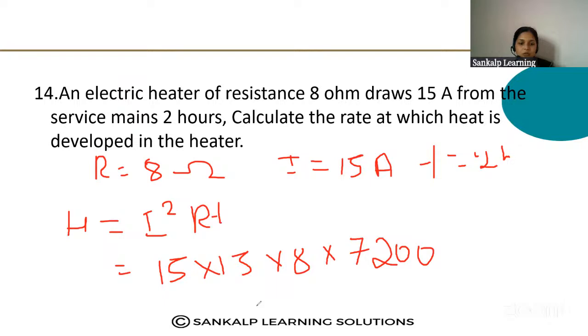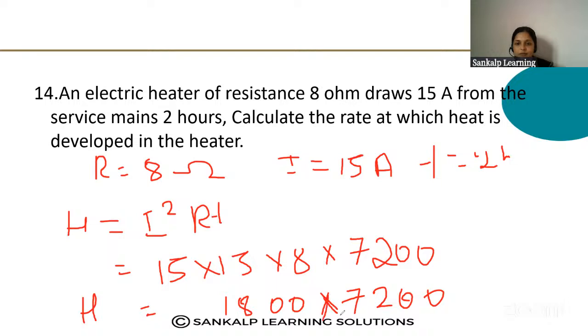So you can multiply 1800 into 7200. Then H is equal to 1800 into 7200.